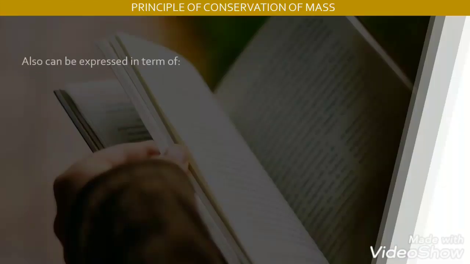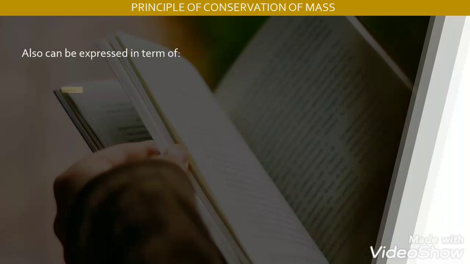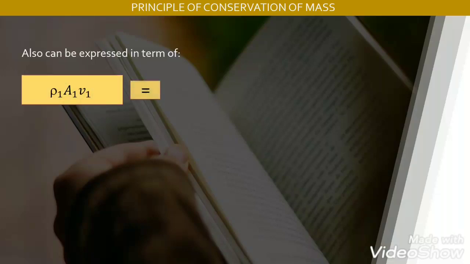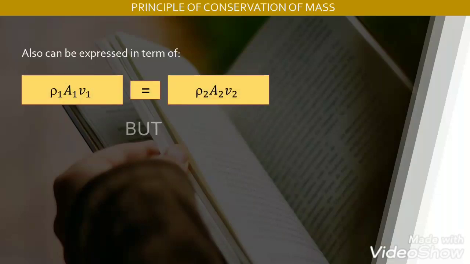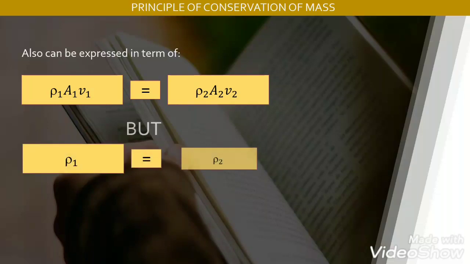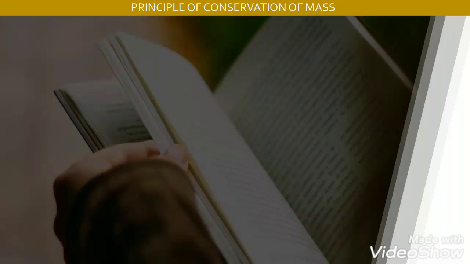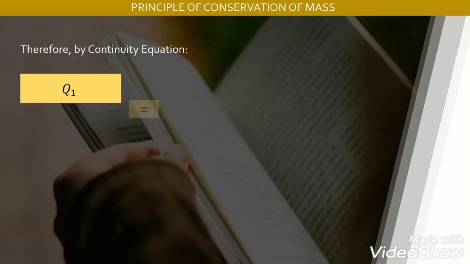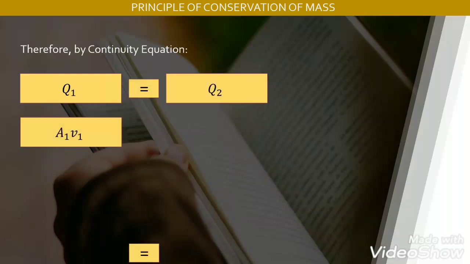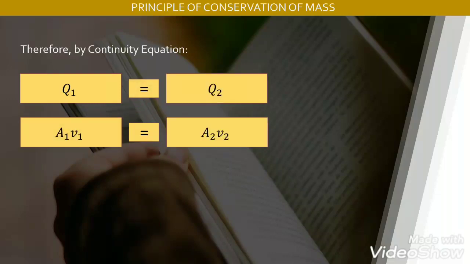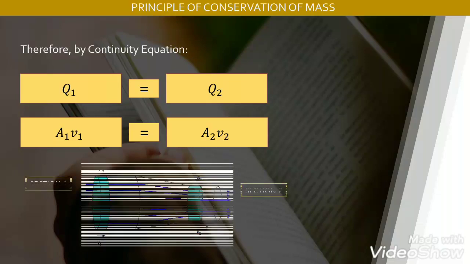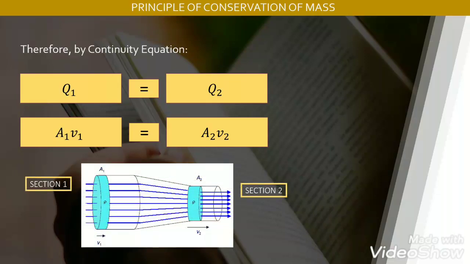This can also be expressed in terms of rho 1 A1 V1 is equal to rho 2 A2 V2, but rho 1 is equal to rho 2. Therefore, by the continuity equation, Q1 is equal to Q2, where A1 V1 is equal to A2 V2. As you can see in the figure, the mass volume entering in section 1 is equal to the mass volume leaving in section 2.